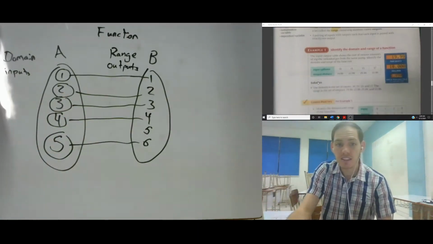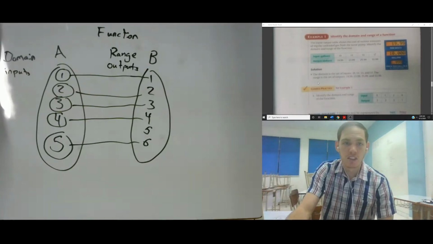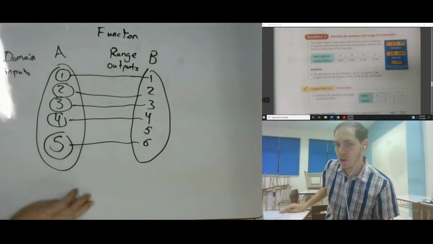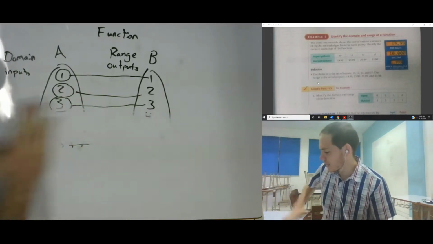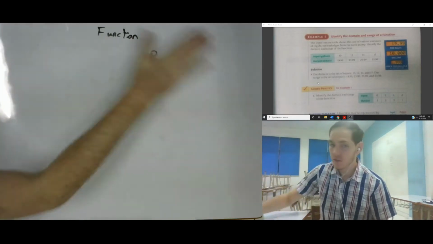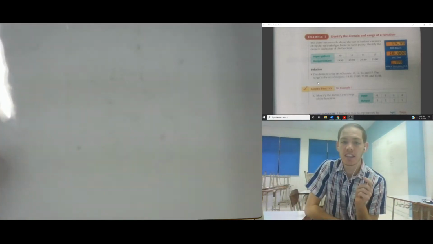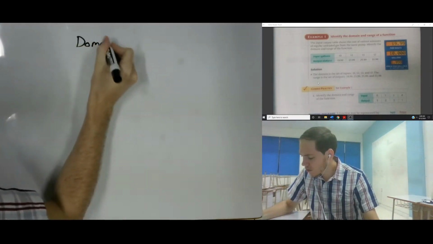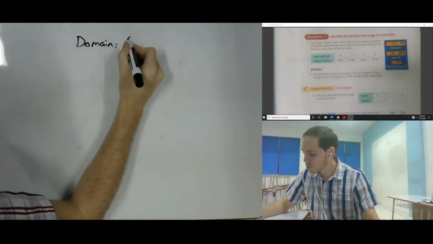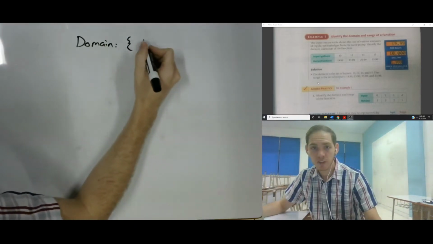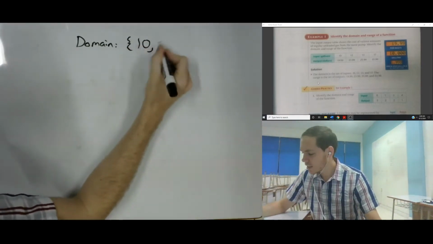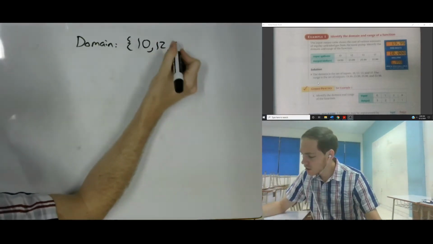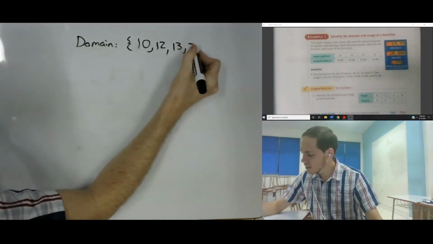Sorry, okay. So at this table right here, what is our domain? Well, on example 1, our domain is 10, 12, 13, and 17. Okay, so you would say domain is, and this is when we use that squiggly line that one of you asked about, 10, 12, 13, 17.